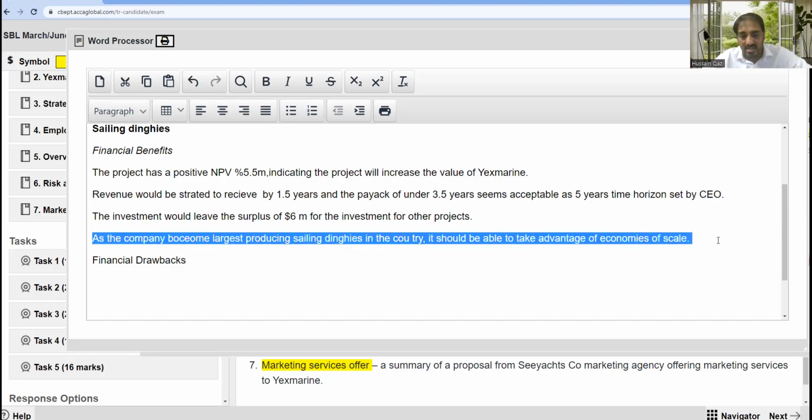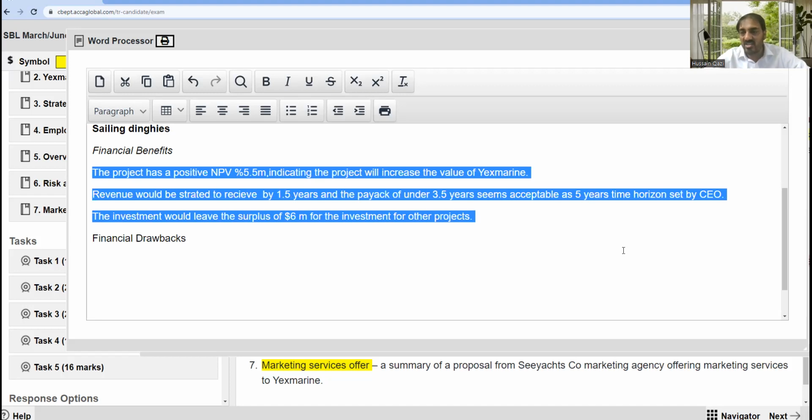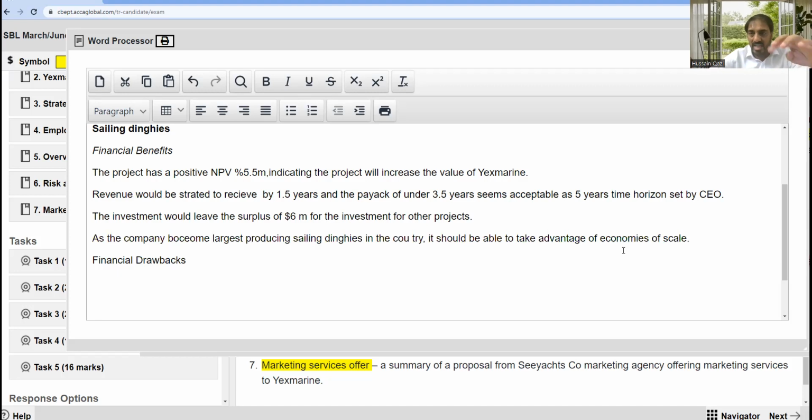For example, someone only mentions these 3 points. Ask yourself, is this complete or is something incomplete? Because you ignored the large producer point. Once you incorporate this, your answer becomes complete.